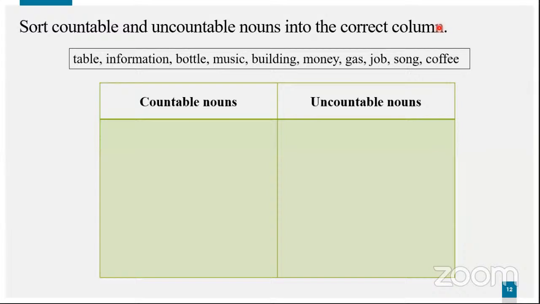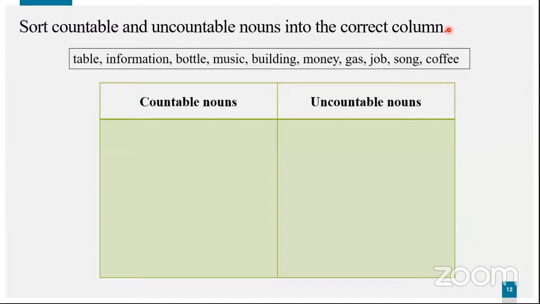I will give you 2 minutes. Right, you are writing the answers. Send me the answers. Thank you. So it's better. Right, very good, Rashmi.